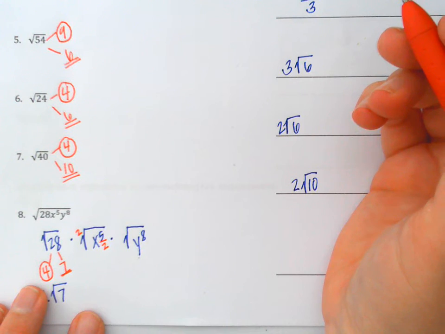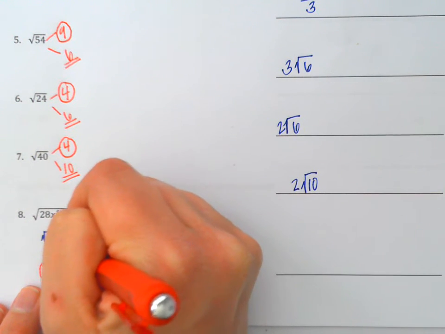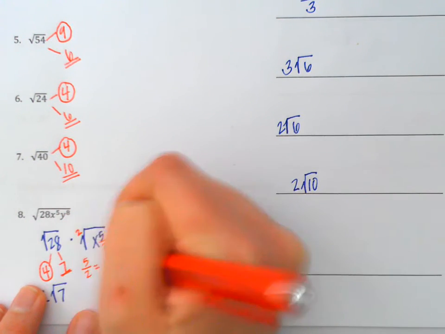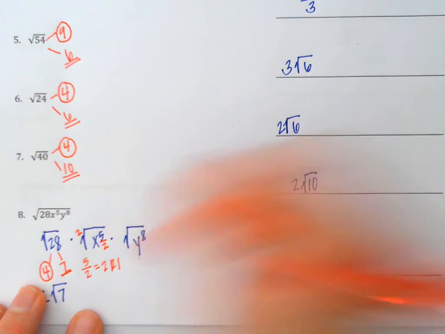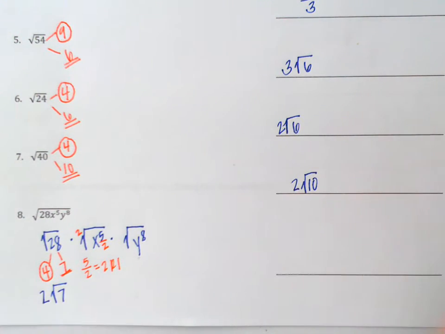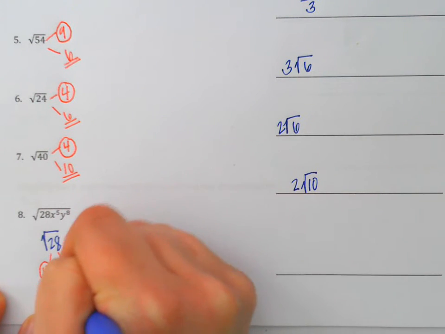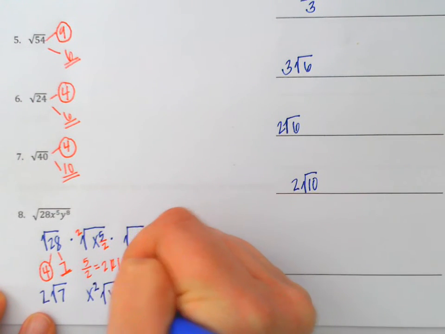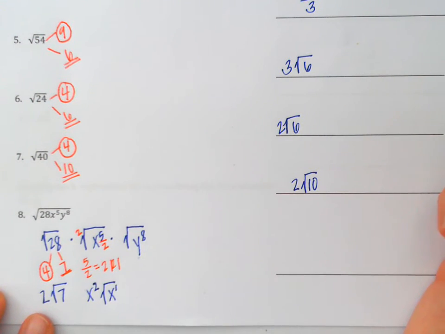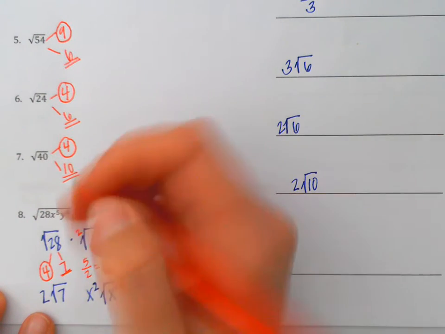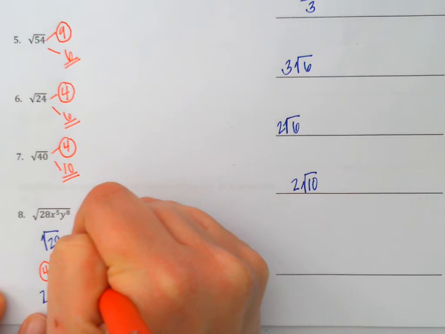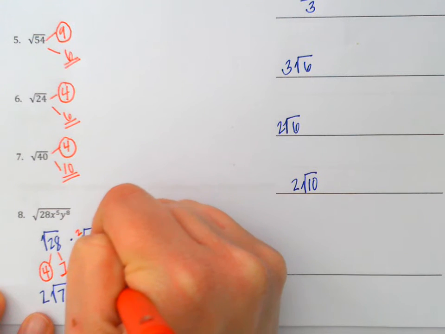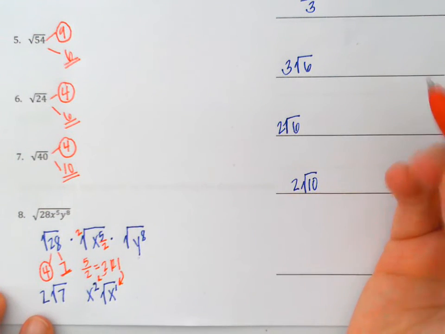Well, 5 divided by 2 is 2 with a remainder of 1, because it goes in evenly 2 times with 1 left over. So what that means is x to the 2nd can come out of the square root, and x to the 1st power is going to stay inside. So the number that goes in evenly comes out, and the remainder stays in.